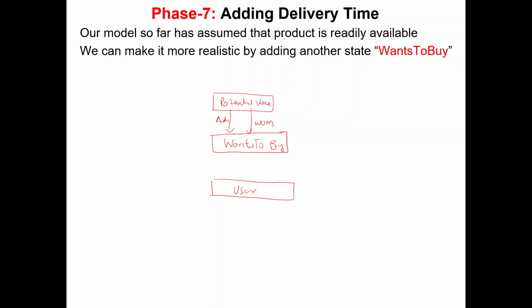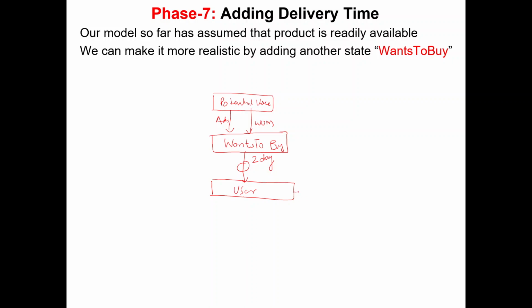Once they are in this wants to buy state, they will buy the product. Let's say the purchasing will be a timeout decision, that means this transition will be triggered by time. So let's now keep the time to get the product as 2 days. So after 2 days they will shift from wants to buy to the user state.